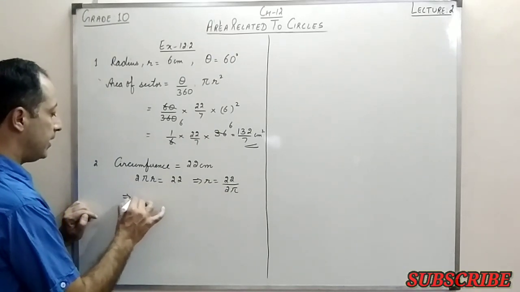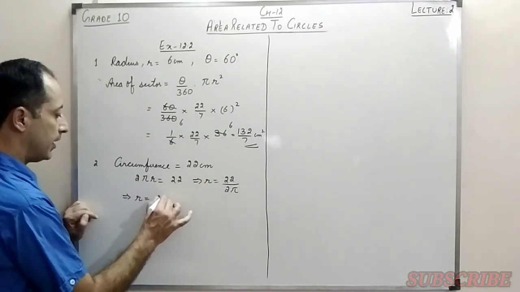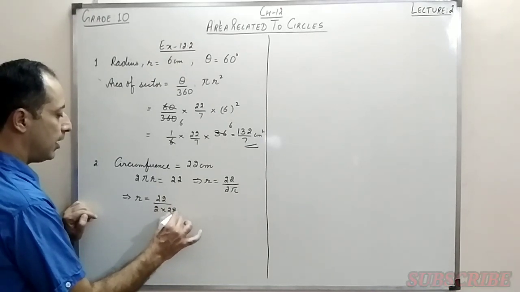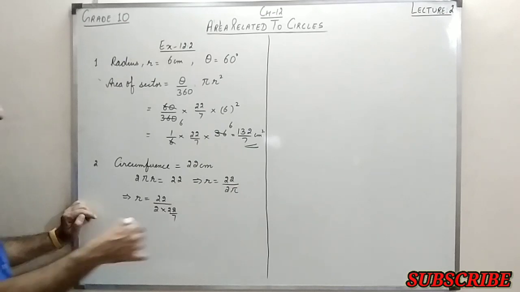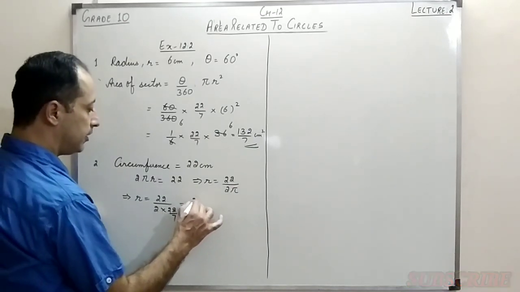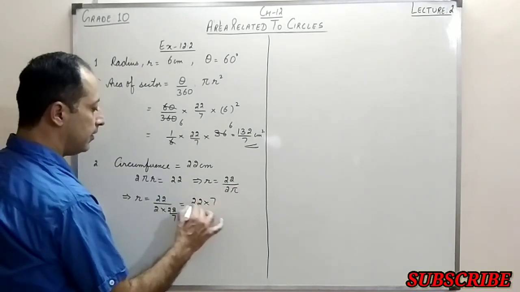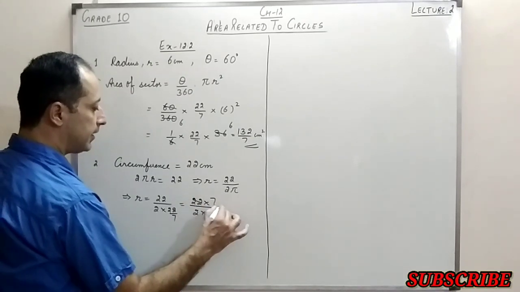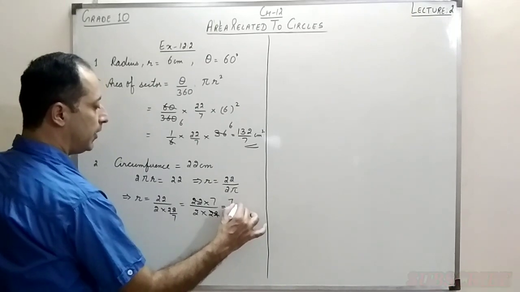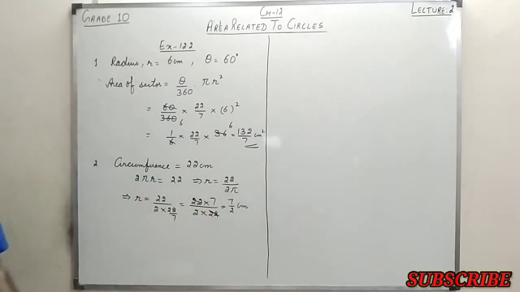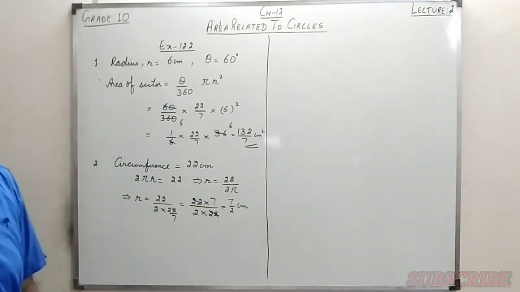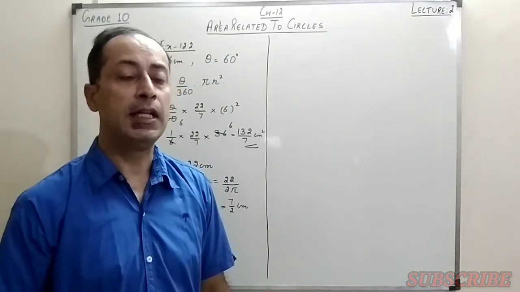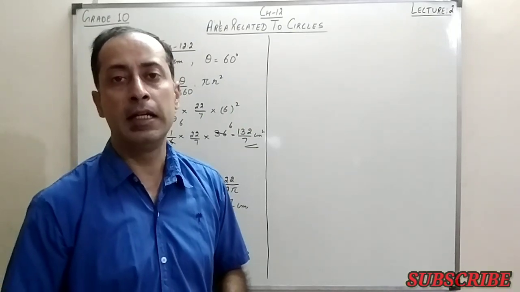So we get r equals 22 upon 2 into 22 by 7. The 7 will come in the numerator, so this is 22 into 7 upon 2 into 22. This cancels, so we have 7 by 2 centimeter, right? Now it is given the area of a quadrant. A quadrant forms an angle of 90 degrees, or we can say it is 1/4 of the circle.